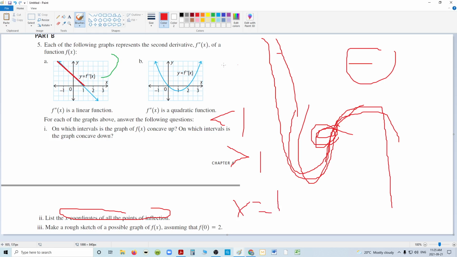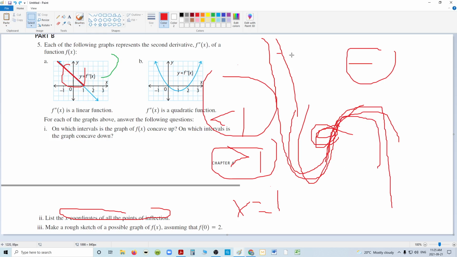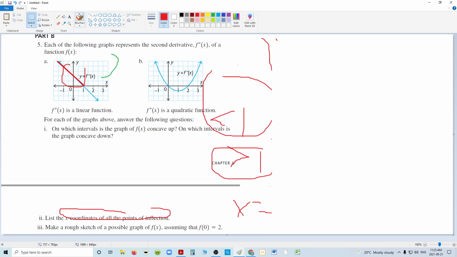So we can see everything to the left of the inflection point, because it's positive, is going to be concave up. And we can see everything to the right of the inflection point is negative here. So it's going to be concave down after the inflection point. So you're going to be looking at a graph very much like I've drawn, like this.